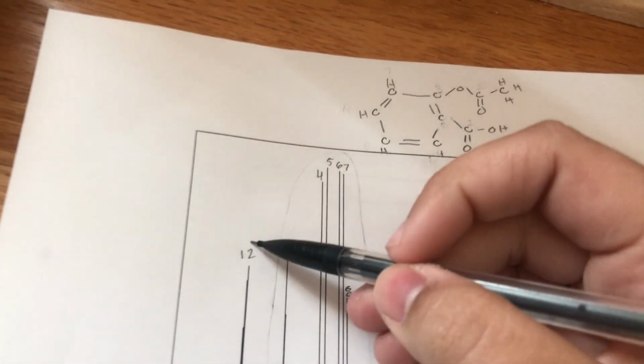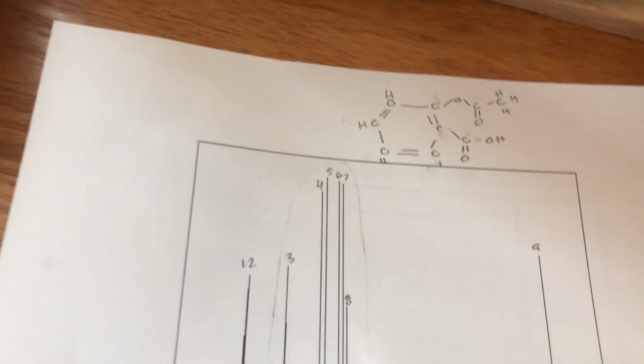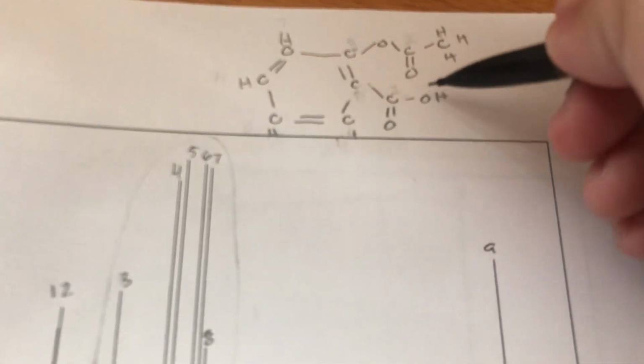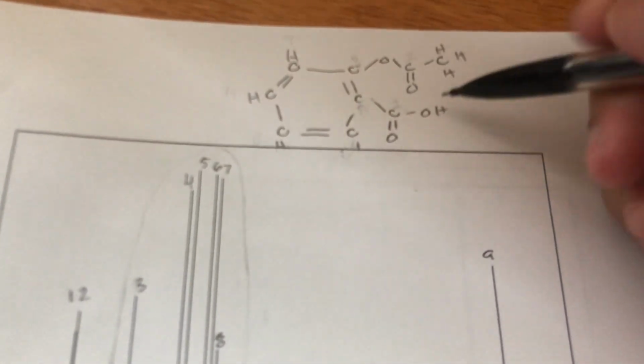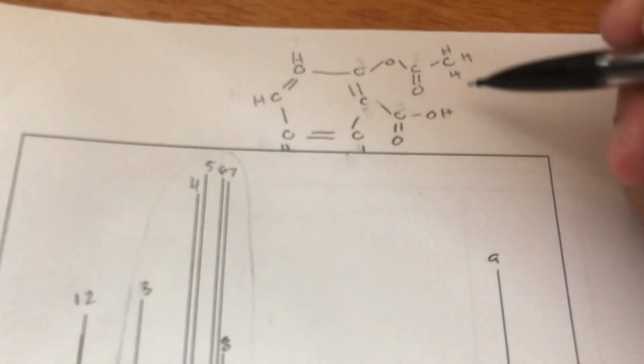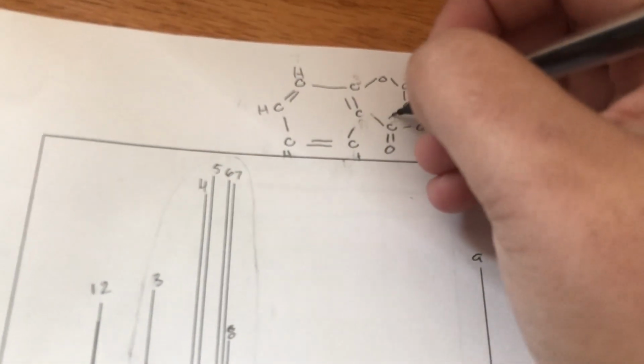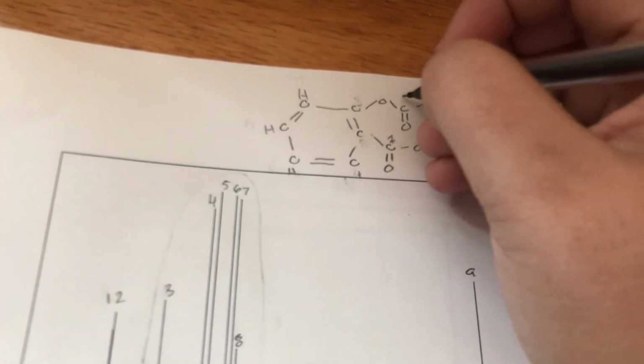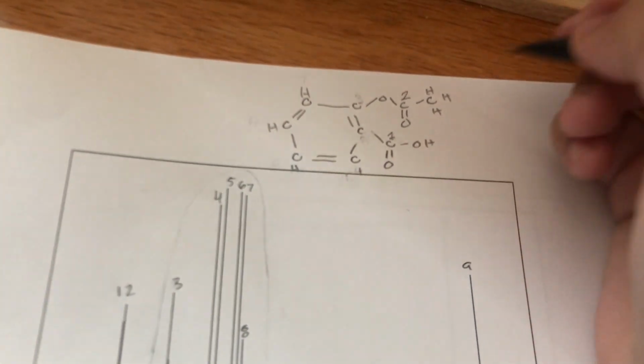So now to figure out which carbons these are, we're going to look at these carbons right here because these are the most deshielded because they're both double bonded to an O as well as to that single bond. This one is going to be 1, that carbon, and this carbon is going to be 2.